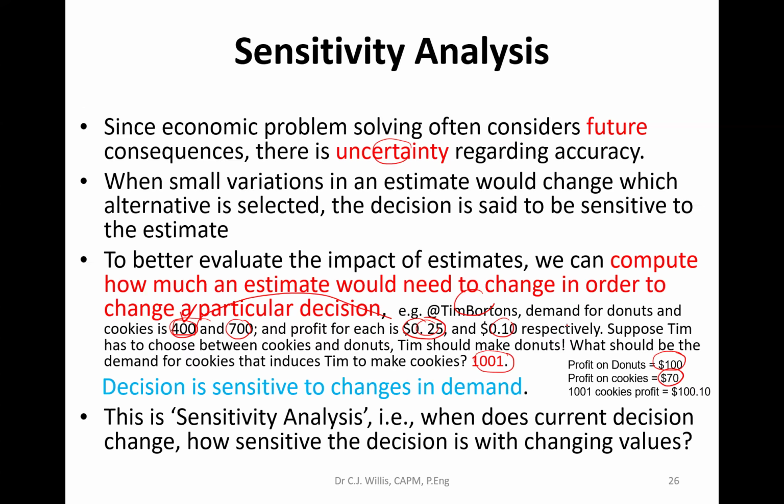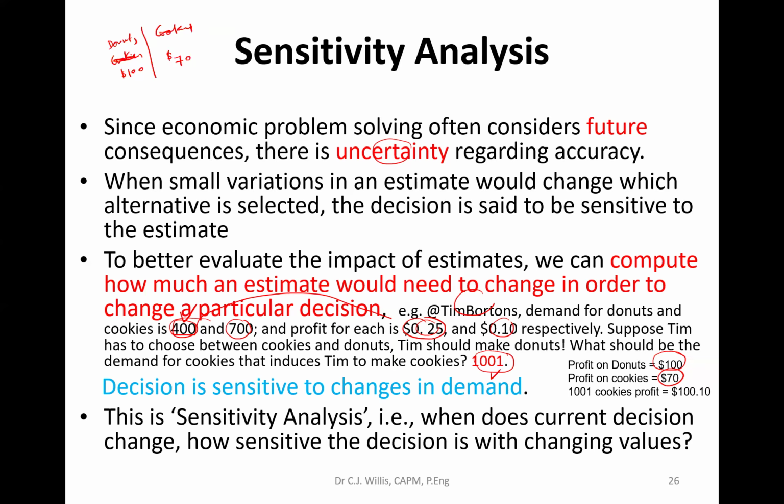So can anyone tell me how I got this? The cookies, how much money are you making? Donuts is making $100. Cookies, how much money is making? $70, right?